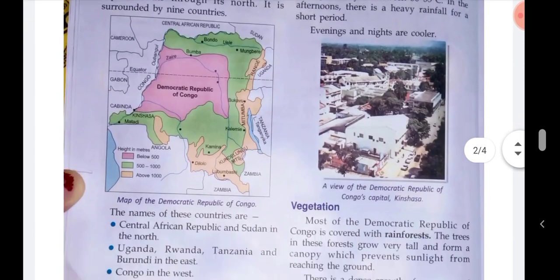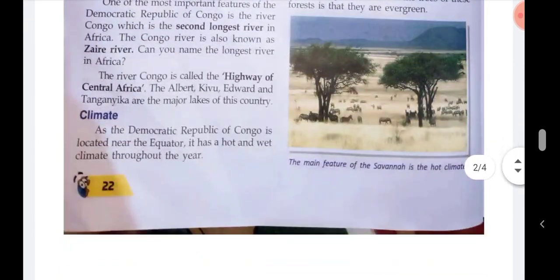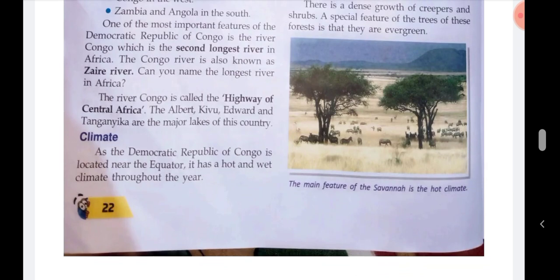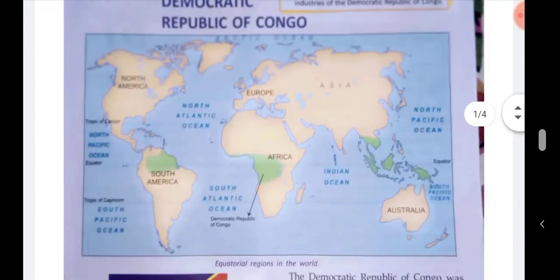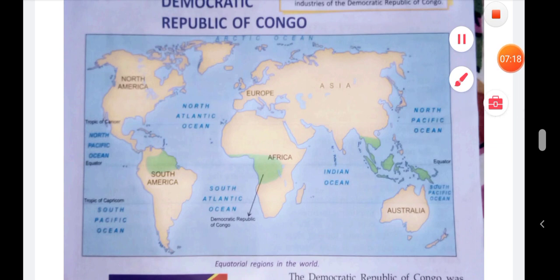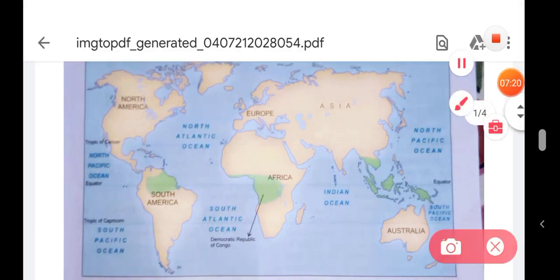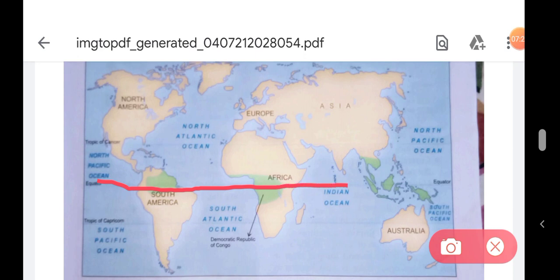And the climate of this area, you know that as the Democratic Republic of Congo is located near the equator, I will show you this by this map. Here you can see student, this is the equator, 0 degree equator, and here this Congo, and this is near the equator. So it has a hot and wet climate throughout the year. Mornings are quite pleasant, but at noon the temperatures are high.